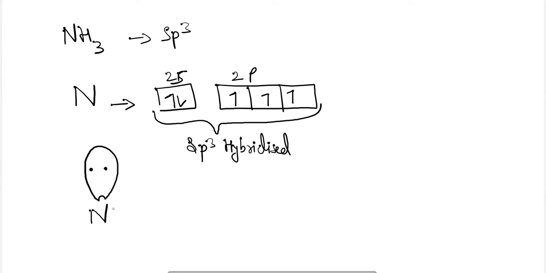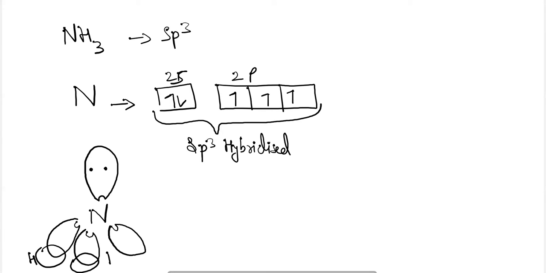They are not shared with any other hydrogen atom, while the three hybrid orbitals will be forming covalent bonds with the hydrogen atoms, like this: hydrogen, hydrogen, and hydrogen. Three bond pairs will be formed here, and one lone pair will be present here.